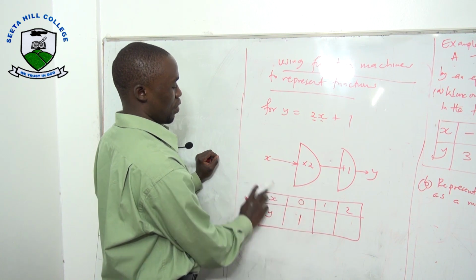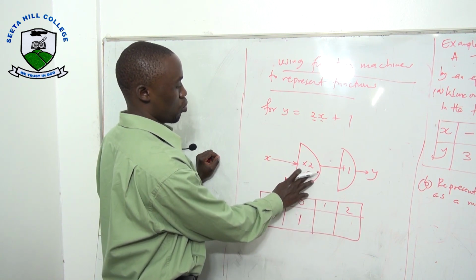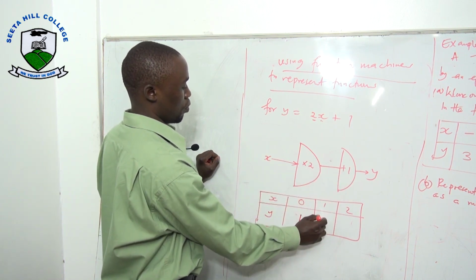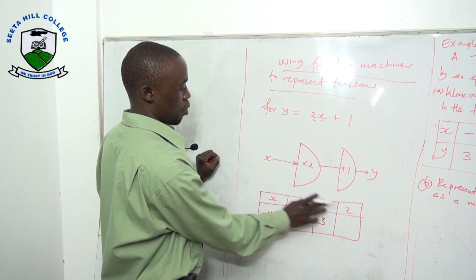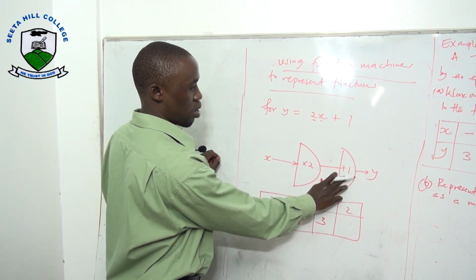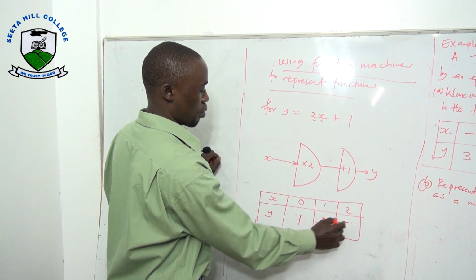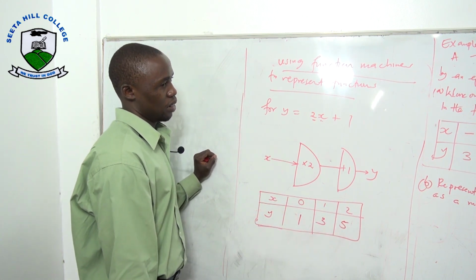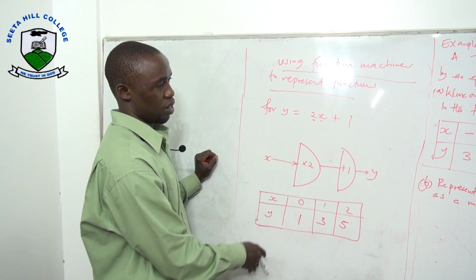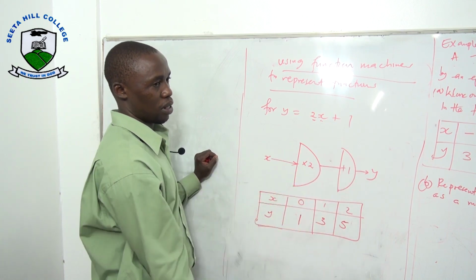Yes. Then 1 times 2 is 2, plus 1 is 3. Then 2 times 2 plus 1 is 5. I think that's pretty easy. You can even draw the mapping diagram.